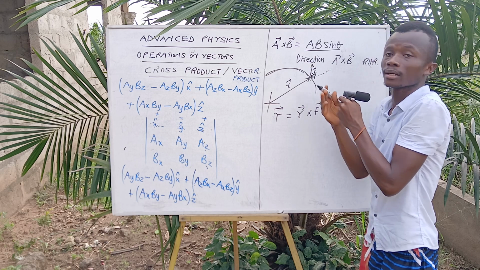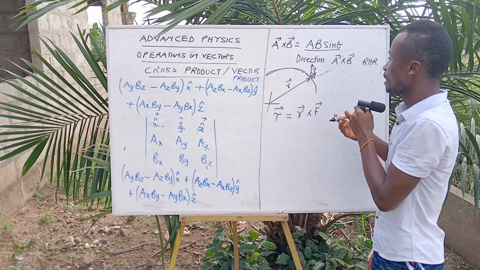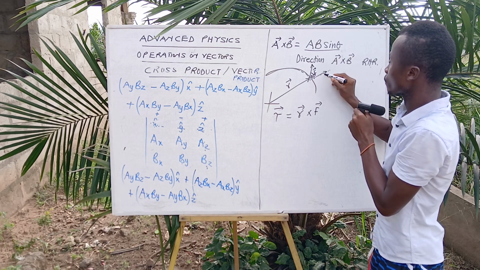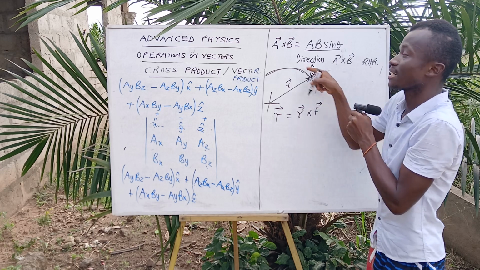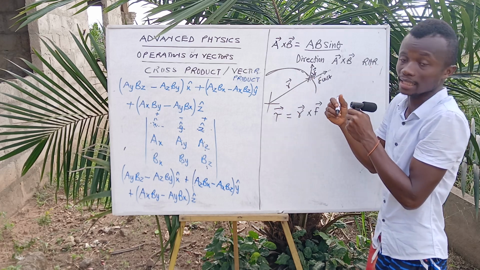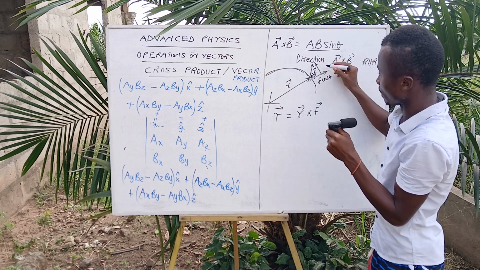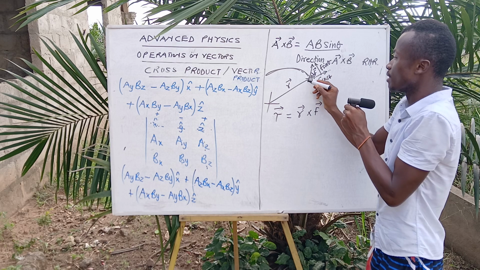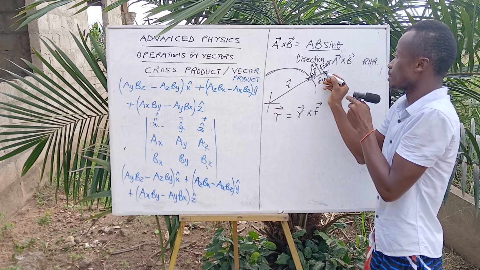That will be a perpendicular component of the force. And for that matter, you resolve the force. You have the force resolved in this way: F cos theta, which will not turn the object, but will rather move it translationally. Then you need a component in this direction, which is F sine theta, which is perpendicular to the position vector. That will rather turn it. So it is this quantity that will turn it.